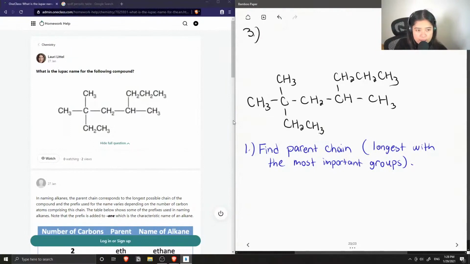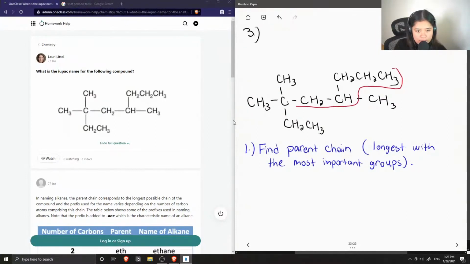In this case, a common mistake I see people make is they just think that the longest chain is the one that is horizontal like this, the easiest one to circle. But if we count how many carbons are in this chain, you only have 5 carbons. So this isn't the longest chain that we could form with this compound. The longest chain, in fact, involves these carbons as well.